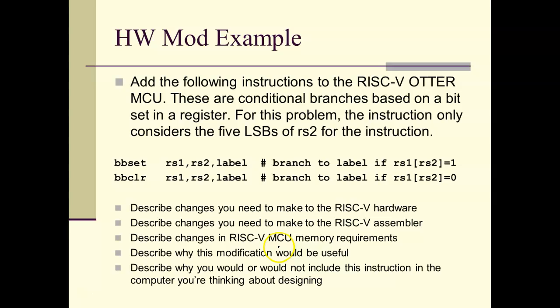Essentially, you can read through this. What I want to do is add these two instructions, BB set and BB clear. Roughly, this means branch if bit set and branch if bit clear.